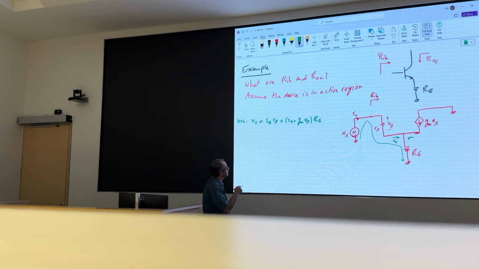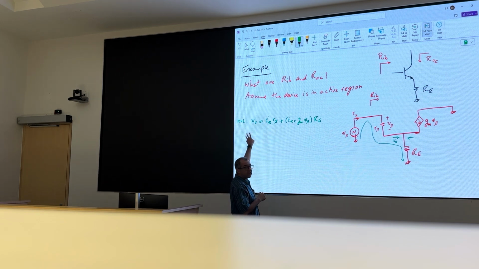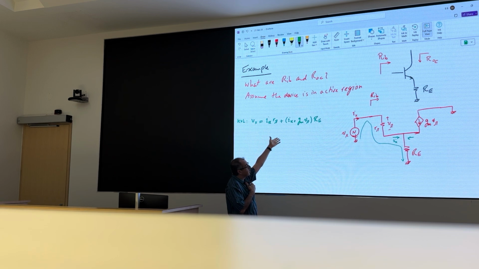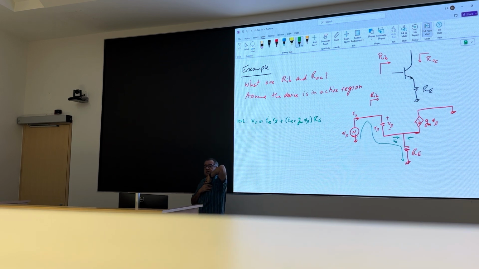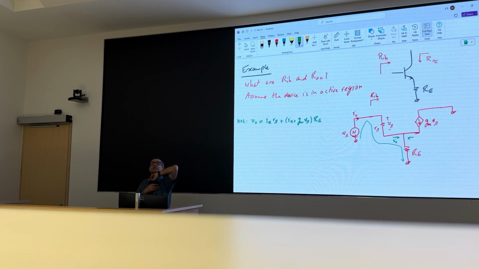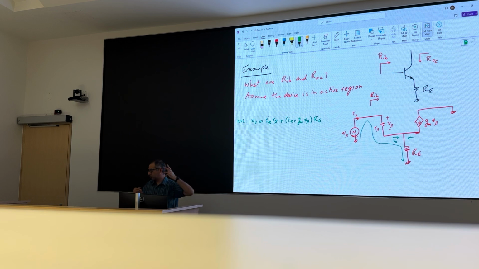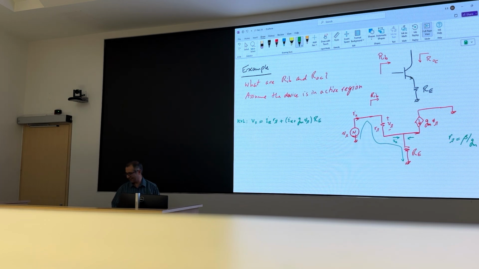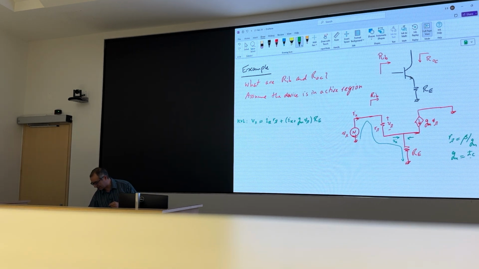It looks like I have two unknowns. If Vx is my source, I don't know Ix and I don't know V pi. So I need one more equation. Does R pi equal beta over gm? Sure. Just for the future. And gm is IC over VT.